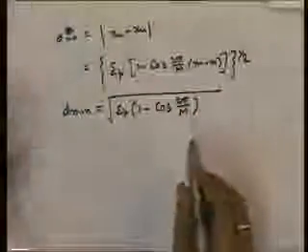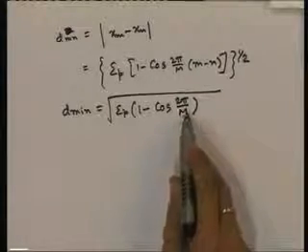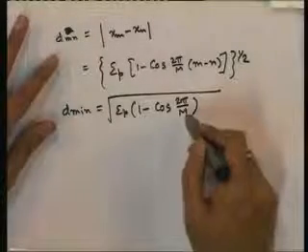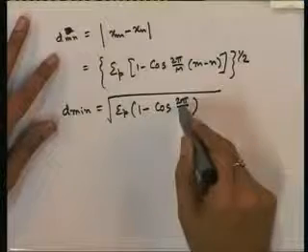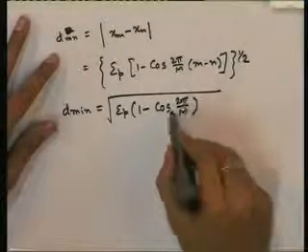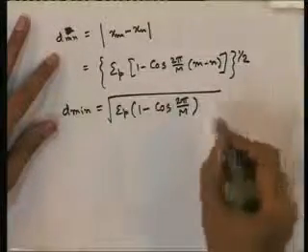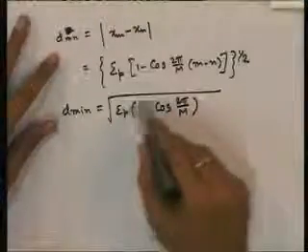This is the minimum distance, and as you can see, this also tells us that if we increase capital M, this minimum distance will decrease, because if we increase capital M, that means this angle is smaller, and as this angle becomes smaller and smaller, cos of that value increases. So as a result, this quantity decreases.